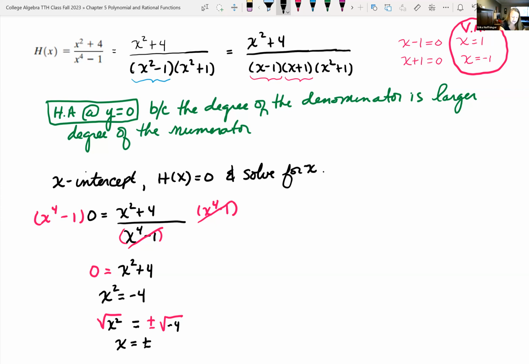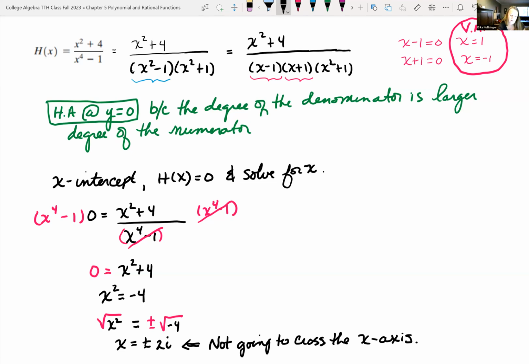And so this would give us plus or minus 2i. And since these solutions are imaginary numbers, this tells me that it's not going to cross the x-axis. So we don't have any x-intercepts for this problem.